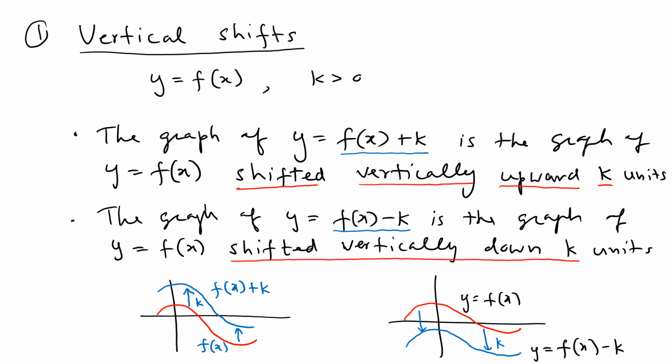If it's positive, you move up. If it's negative, move down. Since it is an outside change, because you add that outside, as in our tips that we talked about, it's only a vertical change. There are no changes in the horizontal direction because it's outside.